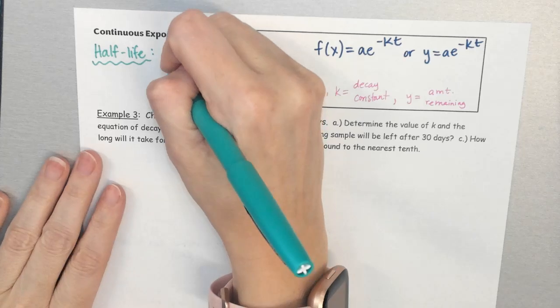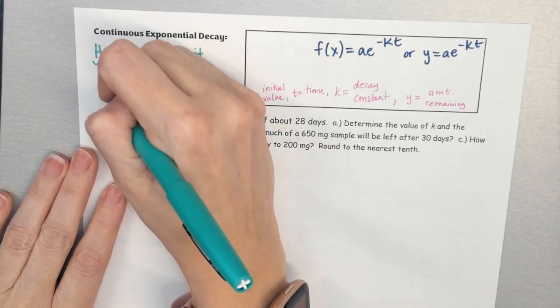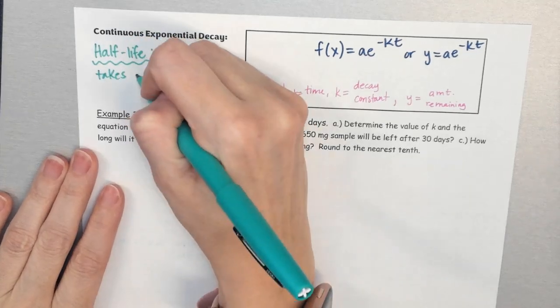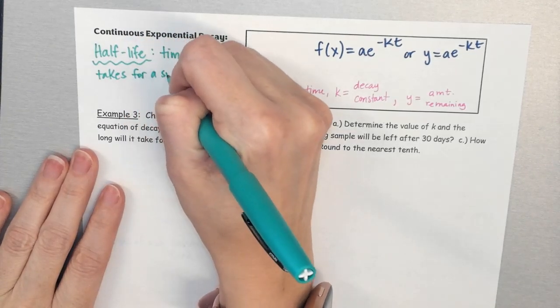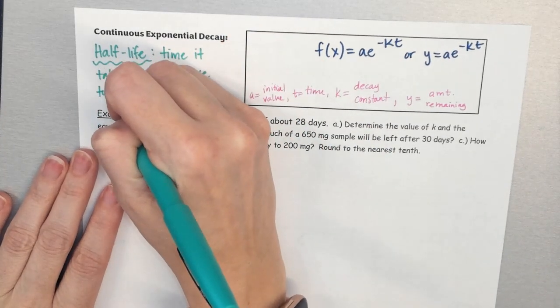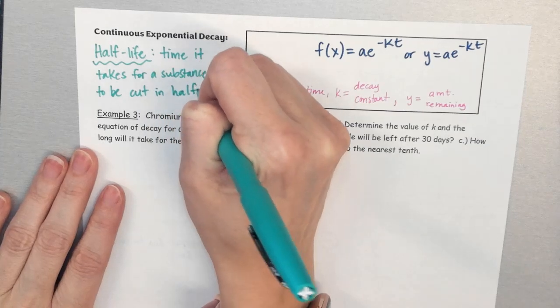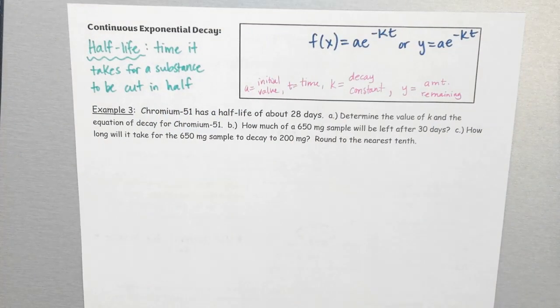Okay, so the half-life is the time it takes for a substance to be cut in half. So if the half-life is 10 days, that means whatever you start with, in 10 days will be half of it remaining.